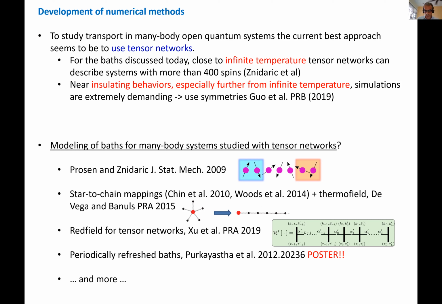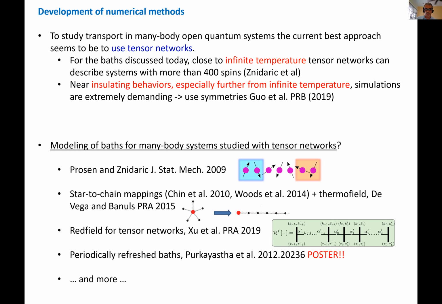And very recent, last year, and one poster I want to highlight, and Gabriel also highlighted, work by Pukayasta, which is related to collisional models or refreshing the baths, which allows to study very large many body systems.